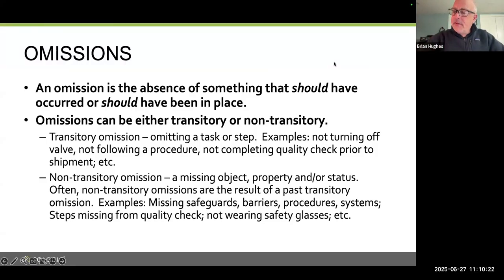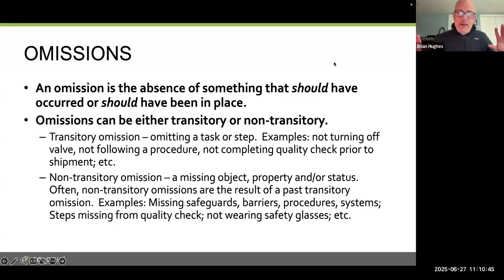And so I always look at each situation uniquely, and I say, well, is it reasonable to assume that what was omitted should have been done? If it's a step in a procedure, then yes, absolutely. Now I'm going to drill in. I'm not judging, by the way.